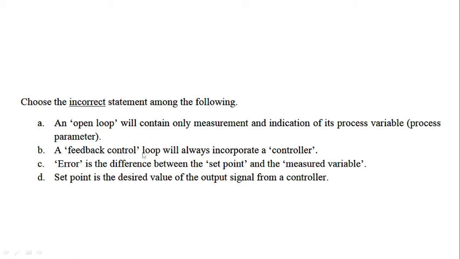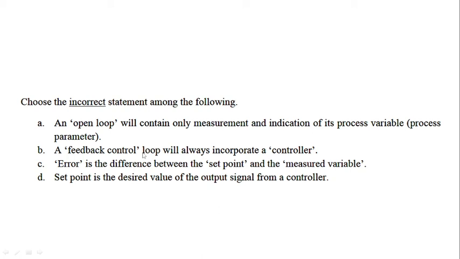Option B is correct because there will always be a controller in case of a feedback control loop. It will always incorporate a controller. So this will be the set point.